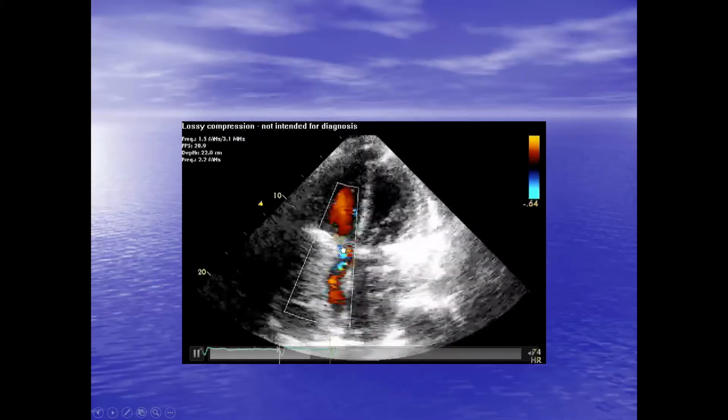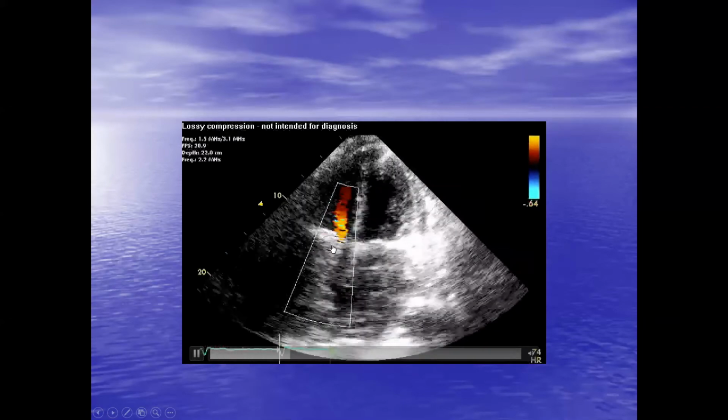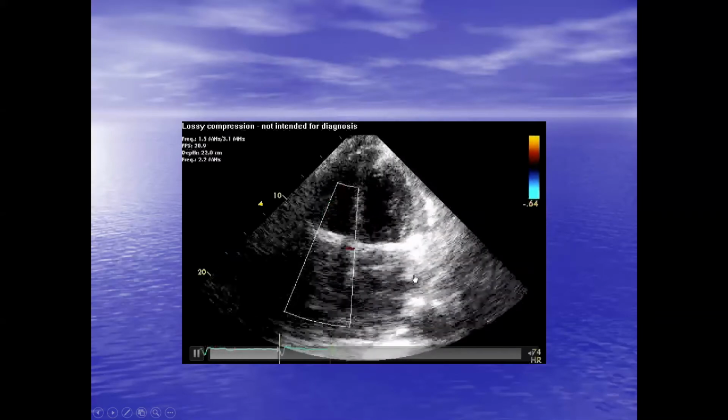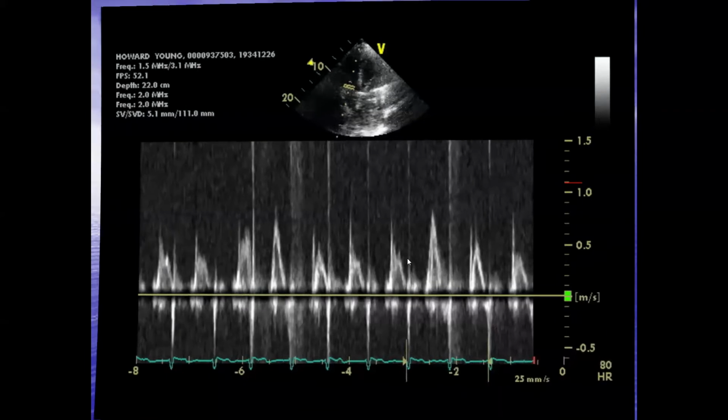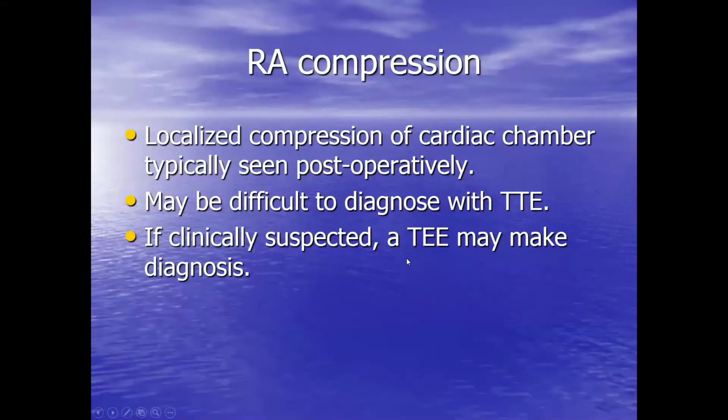And that gives you a clue that there may be something outside compressing the heart. Here we have some variation, as you can see, of the tricuspid inflow. And there is RA compression, as evidenced by the flow acceleration.